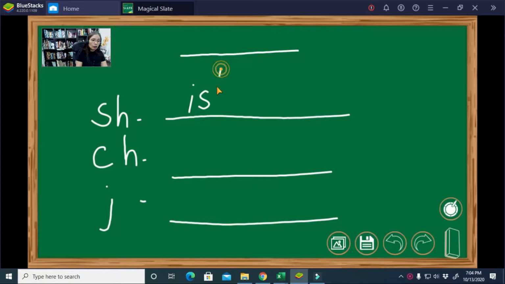So that is what we hear when we pronounce or when we see S and H. Now, in C and H, we have the sounds of J, and J is the same as J.